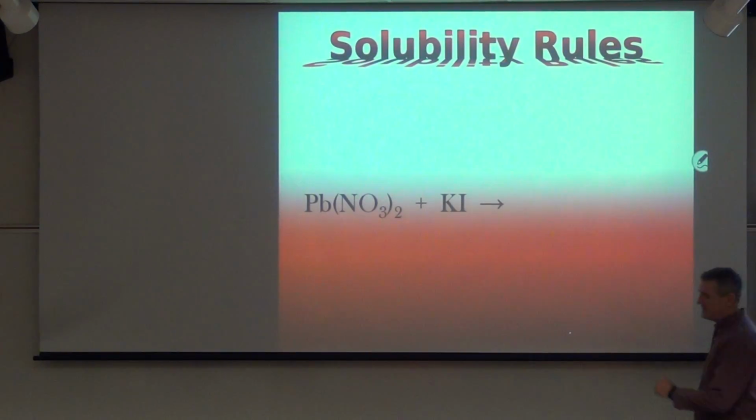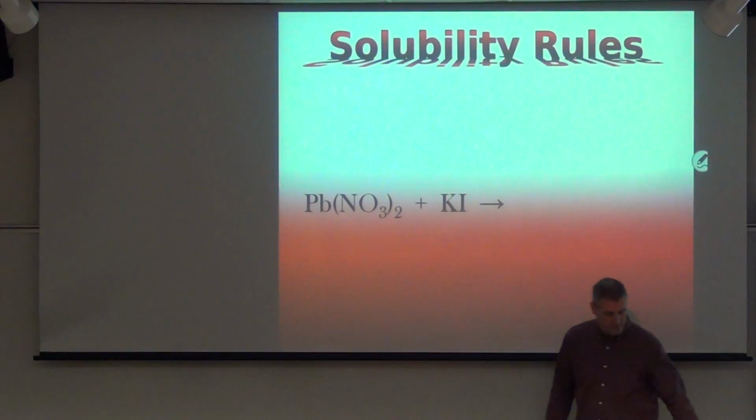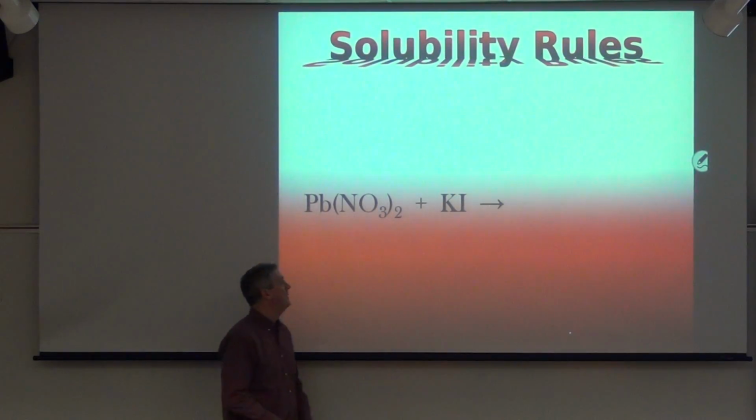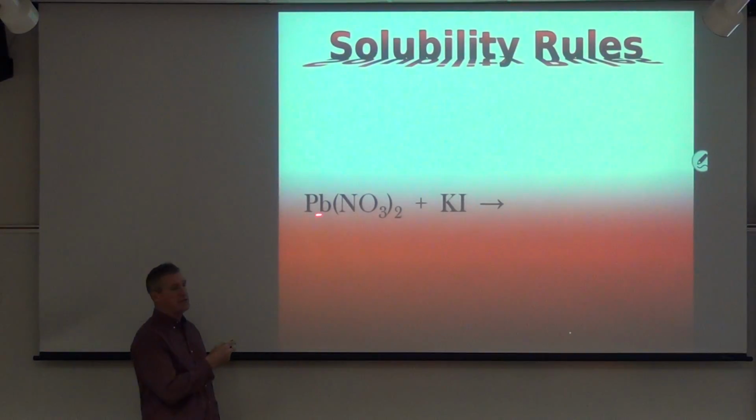Pb(NO3)2 plus KI. What do we have here? What's this going to be called? Who can tell me what the name of this is? Lead nitrate? Is that good enough?